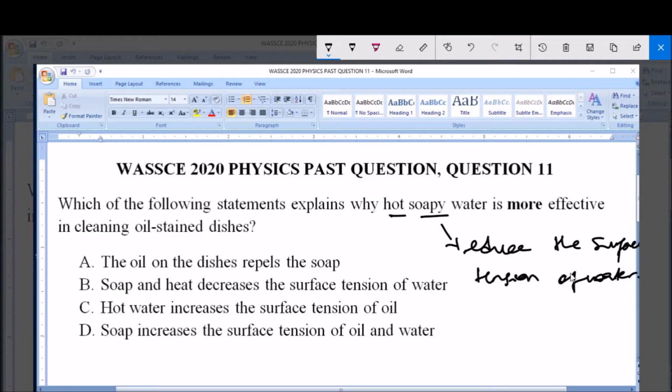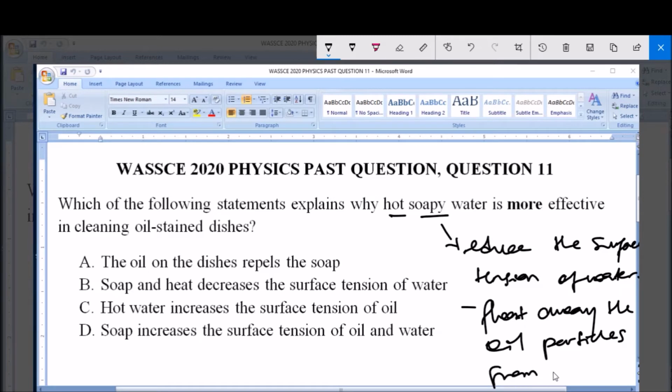So this reduction of the surface tension of the water enables the water to wet these dishes. Now when the water is able to wet these dishes, it then floats away the oil particles from the dishes.